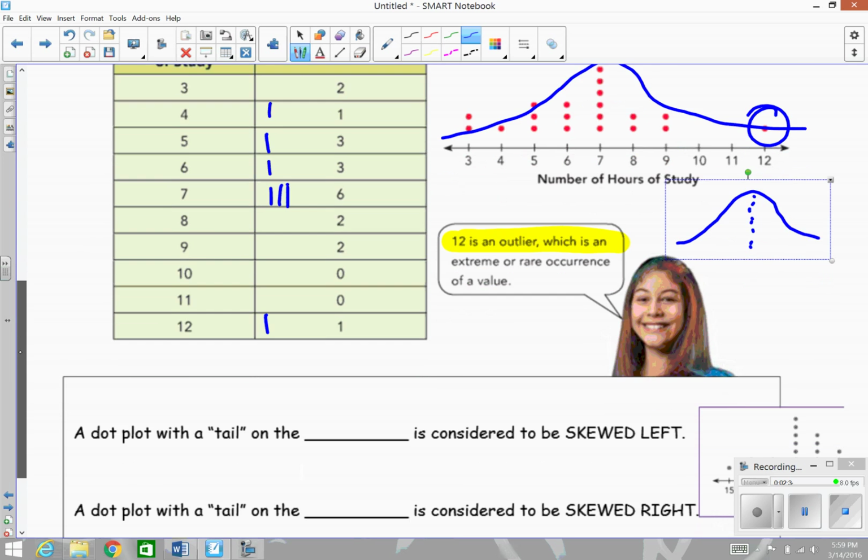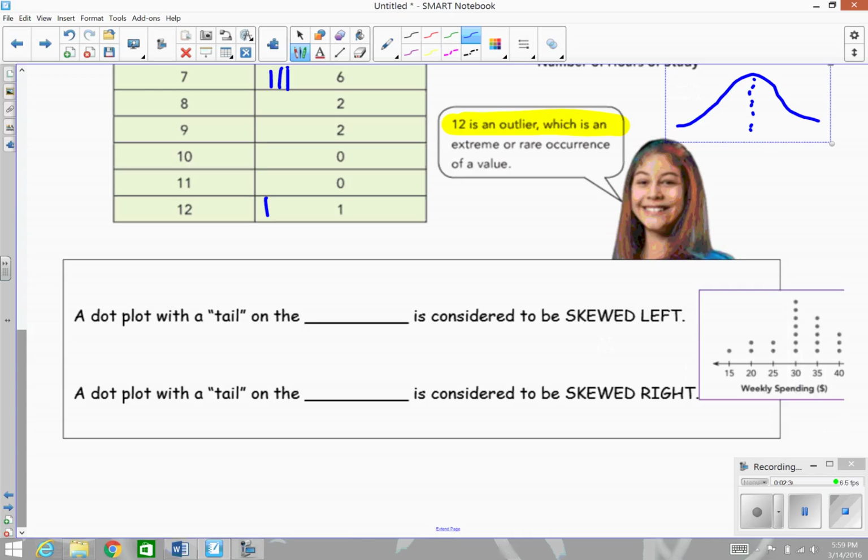So if we look down here, a dot plot with a tail on the left is considered to be skewed left. And that's what this example looks like. It looks like there's a tail before we hit our data that's kind of been shifted over. And if the tail is on the right, we say that our data is skewed to the right.